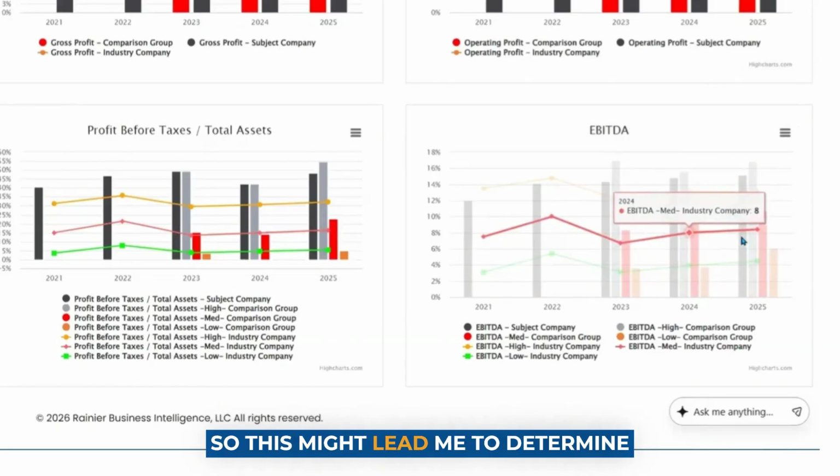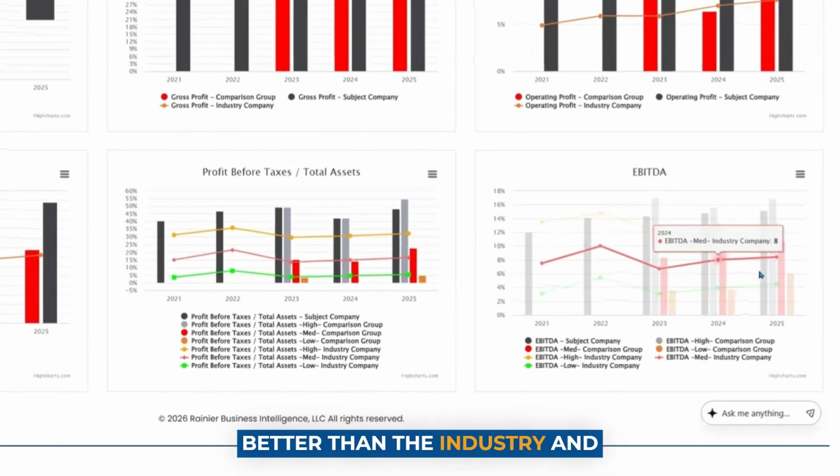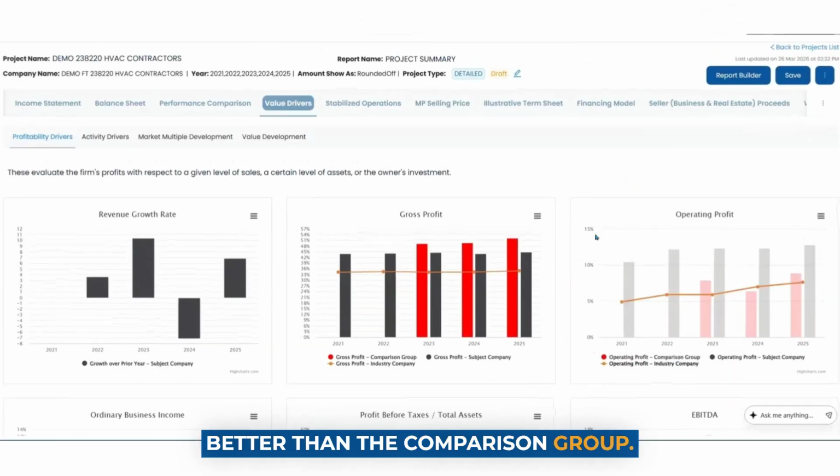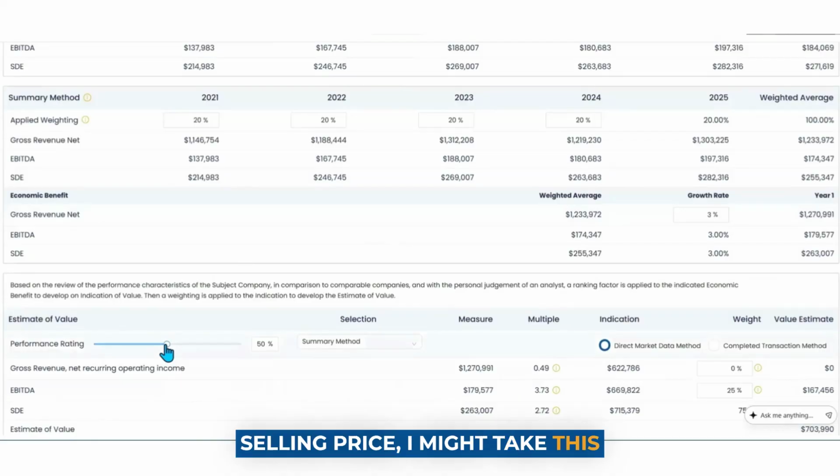So this might lead me to determine this business could sell at a premium because it's performing better than the industry and better than the comparison group. So when I come to most probable selling price, I might take this and increase it here, and let's put it at this 65th percentile.